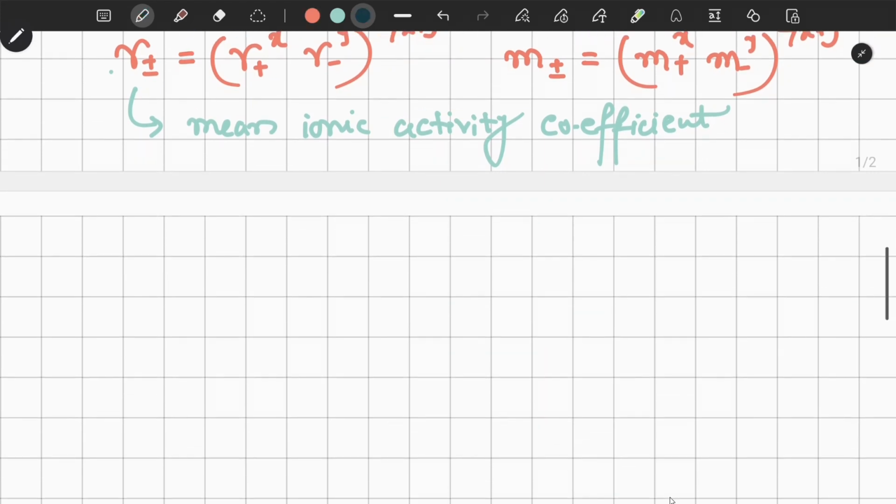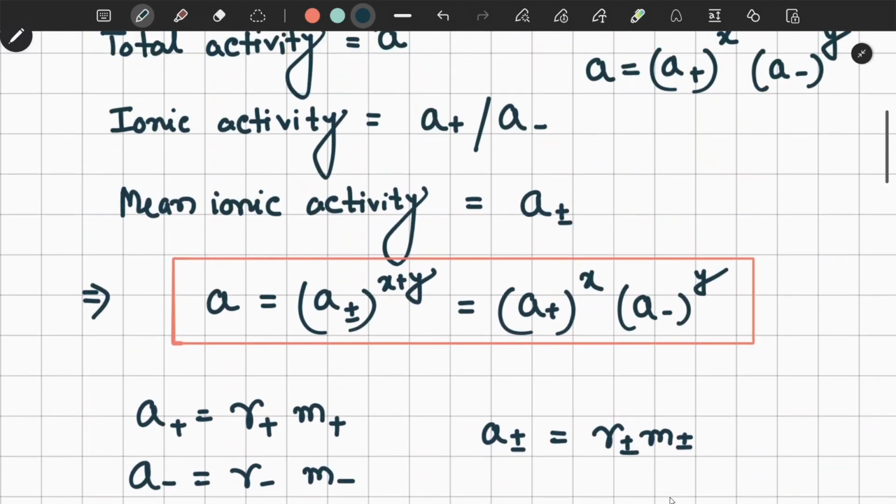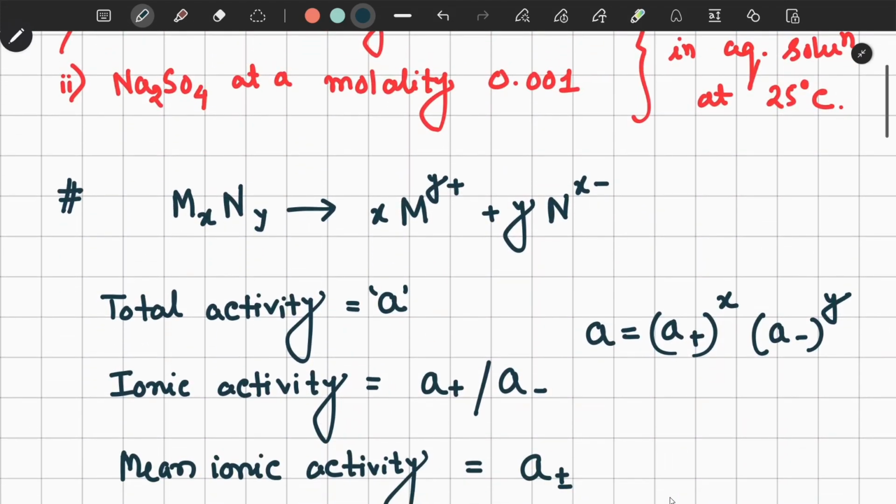So from here, what we can finally write is m plus minus to the power x plus y. From here, what will be m plus and m minus? That is important. Let's say this was our salt. If the concentration of the salt was m, this is the concentration of the salt that we have in hand.